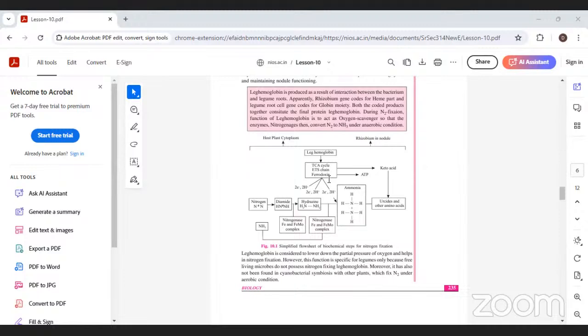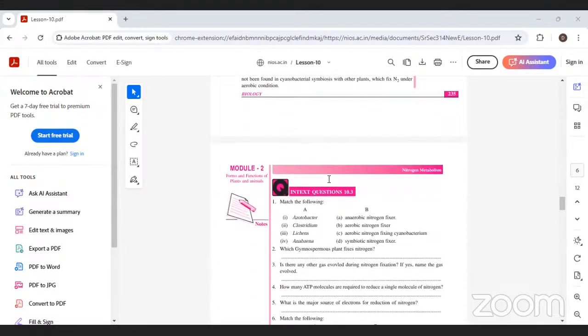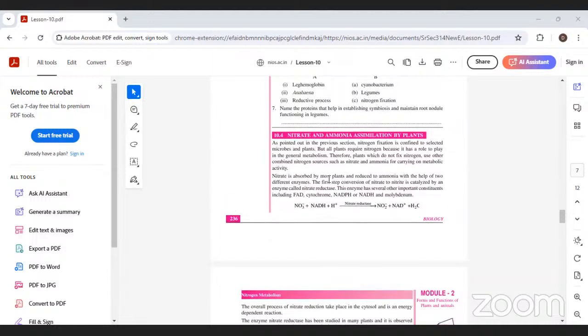Moreover, it is also not found in cyanobacteria in symbiosis with other plants, which fix nitrogen under aerobic condition. Next one, this is biological nitrogen fixation.